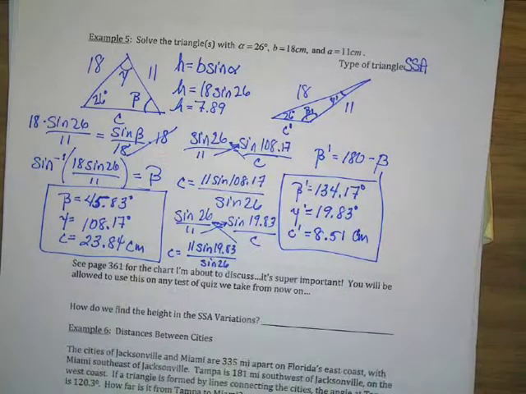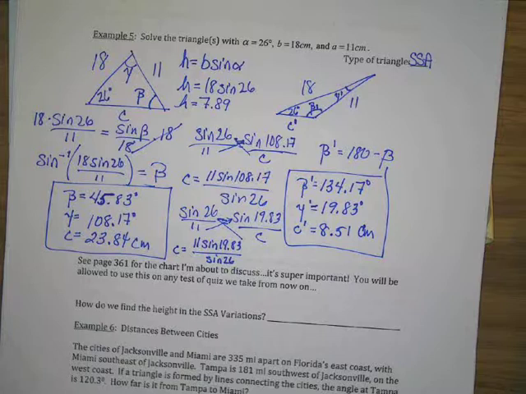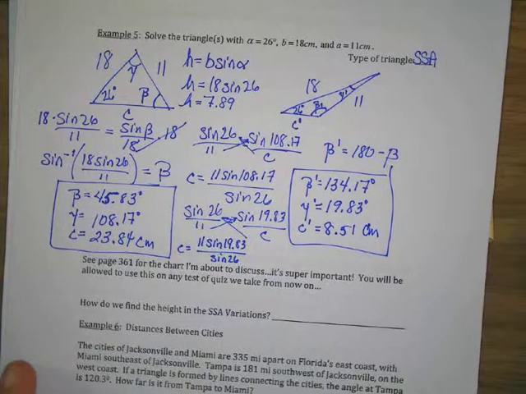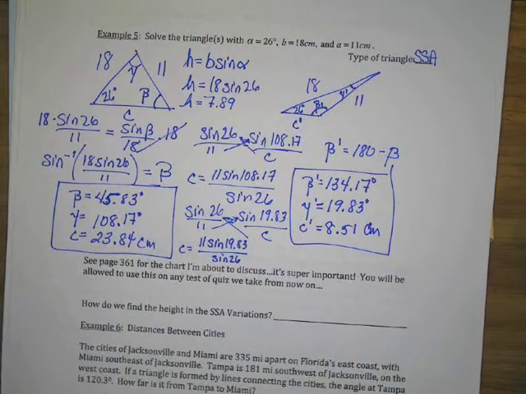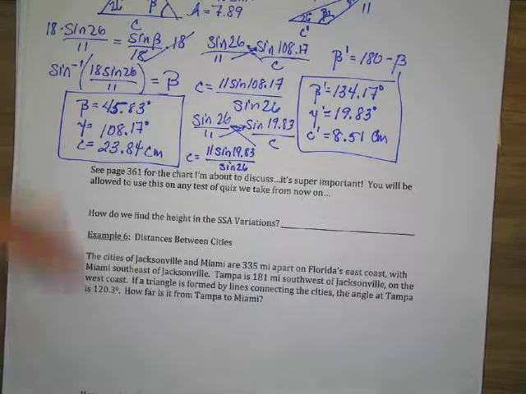So for the ambiguous case, there are some times when you're going to have two triangles, but there's some cases when you don't have one. So there's sometimes when you only have one. Those are your options. Do you guys feel comfortable using that chart on page 361? Okay. So if you get 0, you're done. I obviously did this a little bit differently than when I first created these notes.